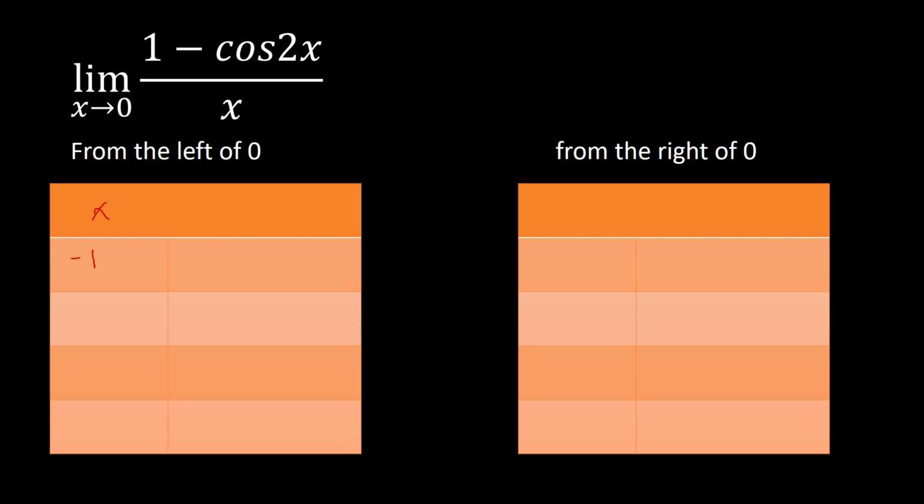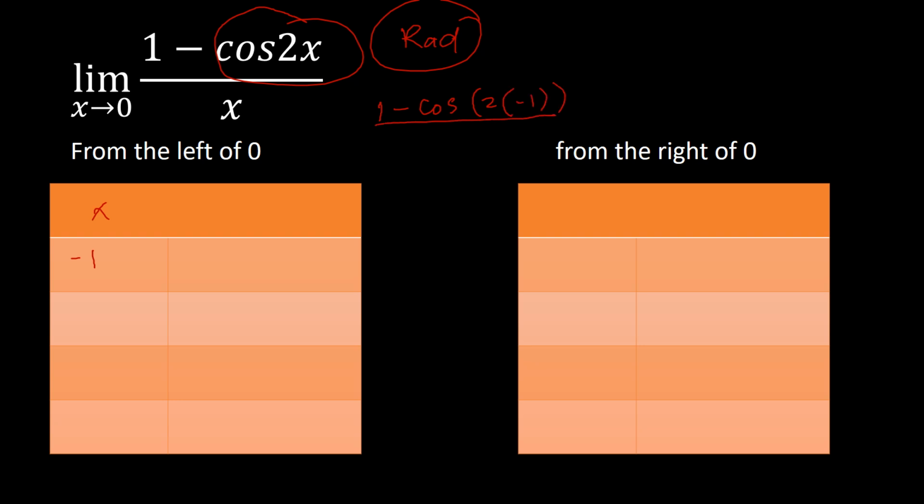Inputting that on the calculator, a reminder: you have to set it in radian mode because we're dealing with a trigonometric function here. So we simply input 1 minus cosine of 2 times negative 1 over negative 1.